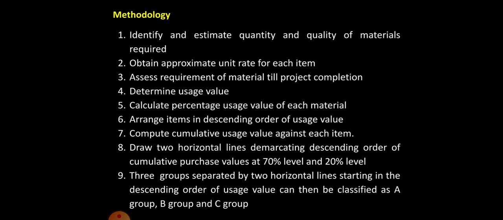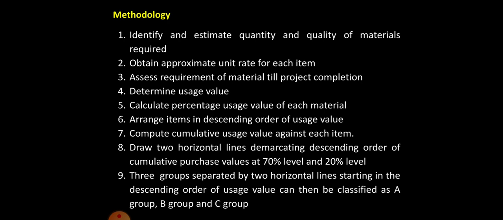The next step is to determine the usage value of each type by multiplying the quantity required with the corresponding unit rates. Further, we have to calculate the percentage usage value of each material with respect to the total project or yearly usage cost. Write their percentage against each item in the appropriate column.